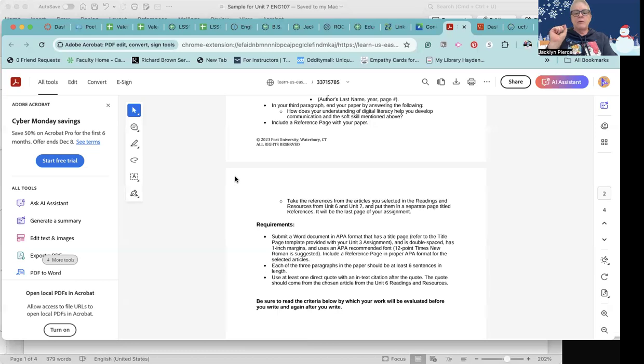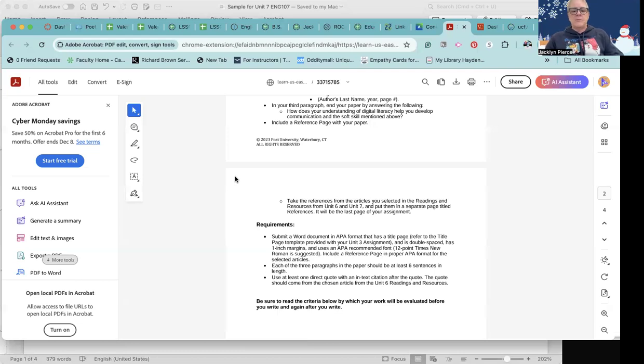And then you're going to have the reference page in proper APA format for the selected articles. So that too is going to be in double spacing, but instead of indenting the first line like you do in a regular paragraph, the second line and after are indented, which is what we call a hanging indent. And I will show you how to accomplish that.